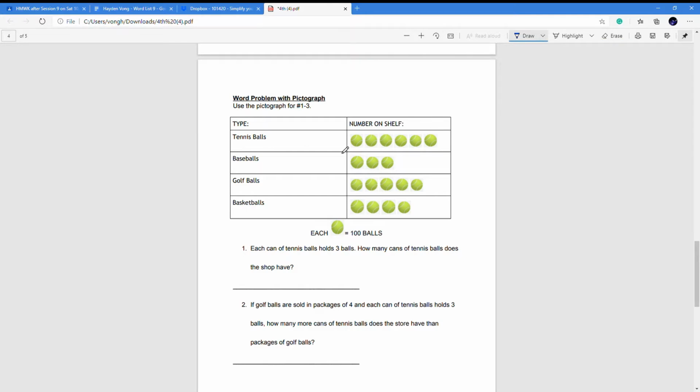So for here, we have 6 tennis, you have 6 of these, 3, 5, and 4. I'll just write these out. If each of these are 100, then we multiply each of the numbers here by 100, right? So that's 6 times 100.